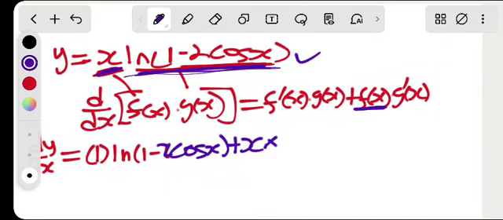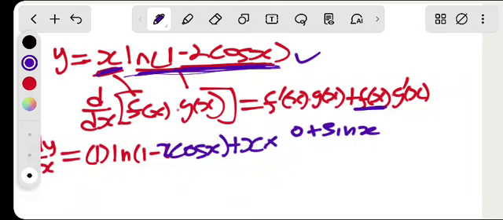So there we have ln, and our f of x will be the whole of that. We differentiate 1: the derivative of 1 is 0, minus the derivative of 2 cos x. The derivative of cos is negative sine, so negative times negative becomes positive sine x.